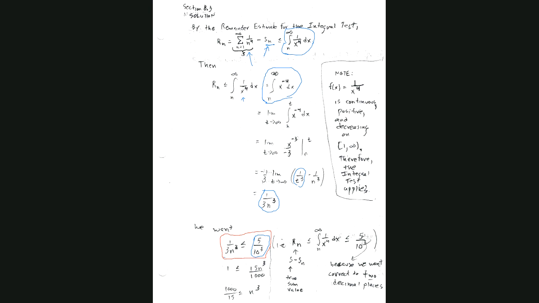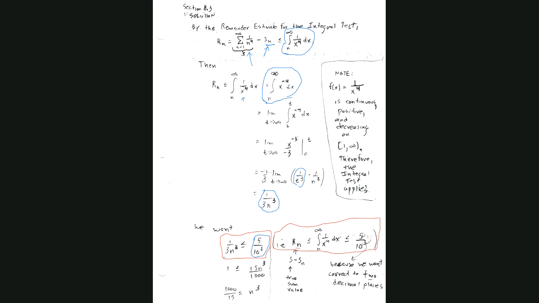That comes from the fact that the remainder is less than or equal to that improper integral. If the improper integral is less than 5 over 10 cubed, then the remainder is less than 5 over 10 cubed. So now you have an inequality to solve.